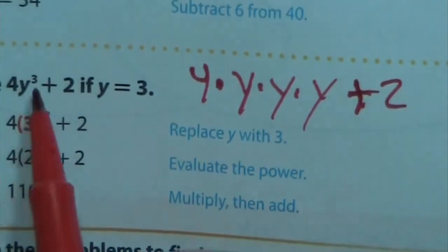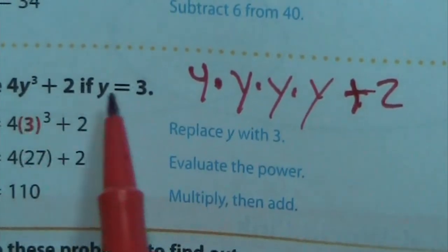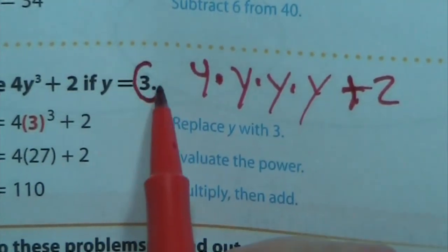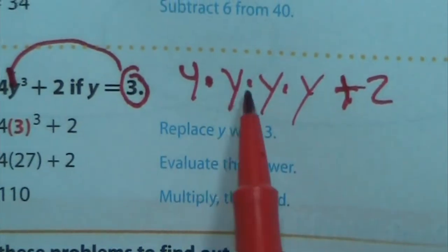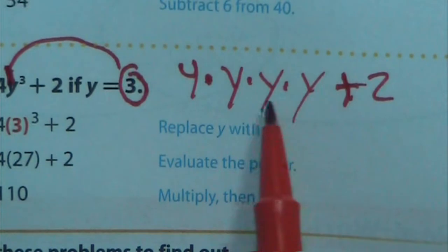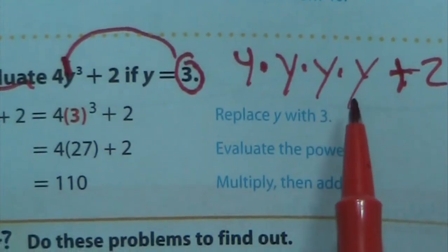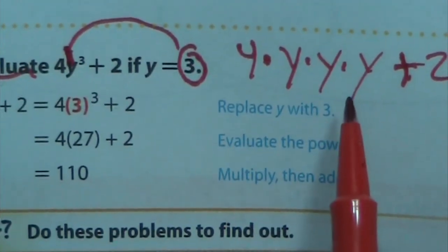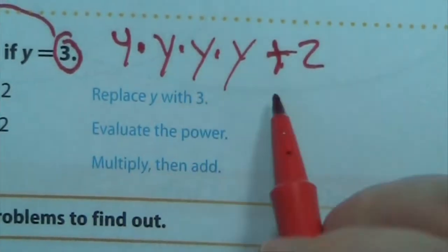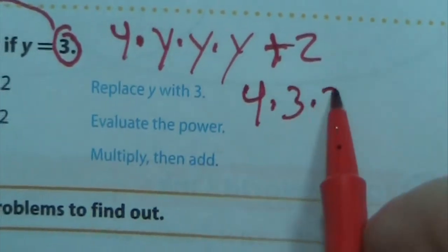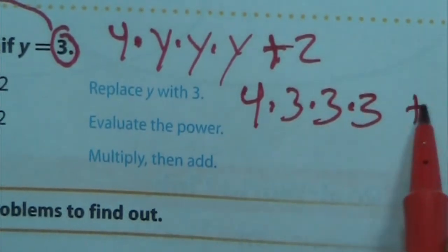Yes, this is how you write it, but when it comes time to place the number 3 in there for the letter y, it's a lot easier if you spread it out like this. So if I put 3's in there, I have 4 times 3 times 3 times 3 plus 2.